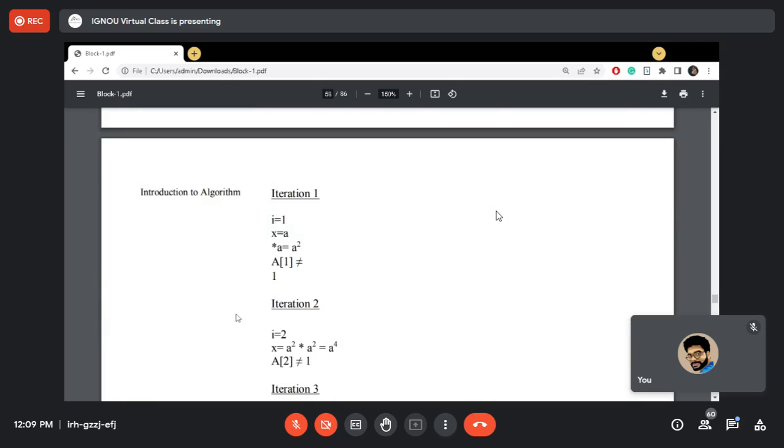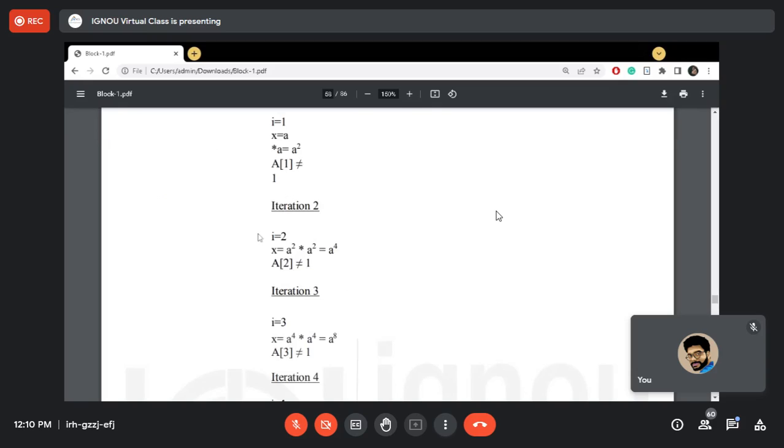When we increment, I is equal to 1, and the value of x is a. We multiply x into x, so we get a to the power 2, that means a square. For the first index the value is 0, because in the 0th index we have 1, in the first index we have 0, then continuously three 0s and then 1.